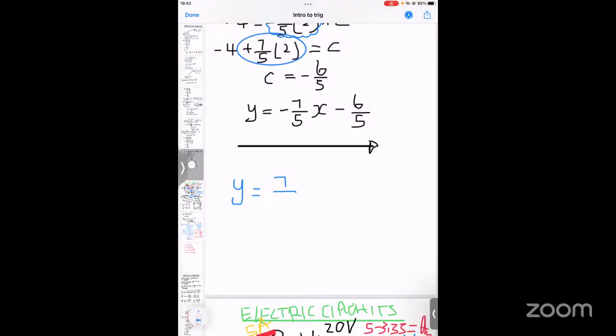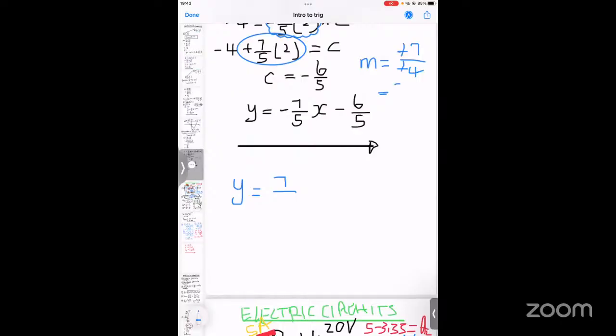This one is wrong because the M, the gradient, someone got the gradient as M is equal to -7 over -4, and they leave it like that.